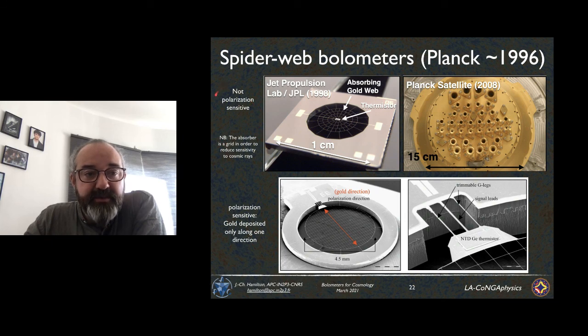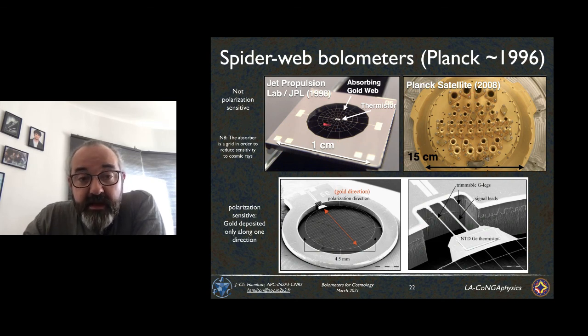The first one is polarization sensitive, and you can see here the spiderweb shape of the absorber with the thermistor at the center. This is about 1 centimeter, pretty big bolometers. Each bolometer is placed at the end of this horn, which is basically an antenna that focuses the signal, that collects the signal.